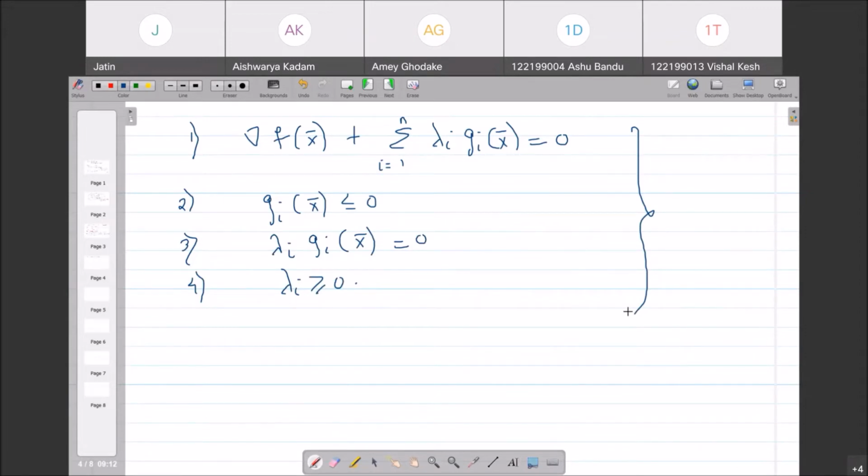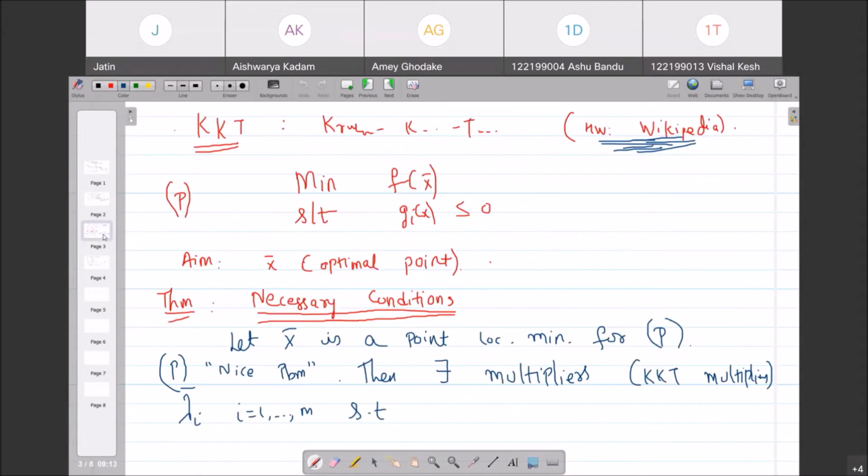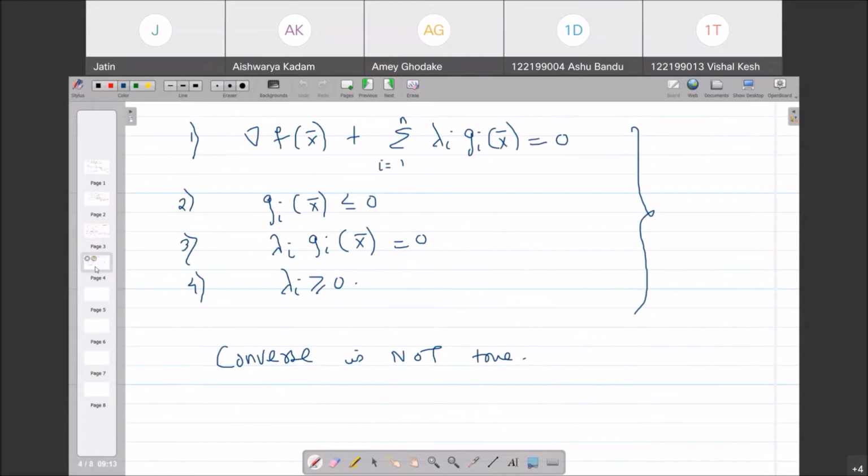These are not sufficient. That means the converse is not true. If you have a point x bar where these four conditions are satisfied, that point need not be a point of minima. So these are not sufficient conditions for a point to be a minimum point. Necessary conditions mean that if you have an optimal point, then these conditions have to be followed.